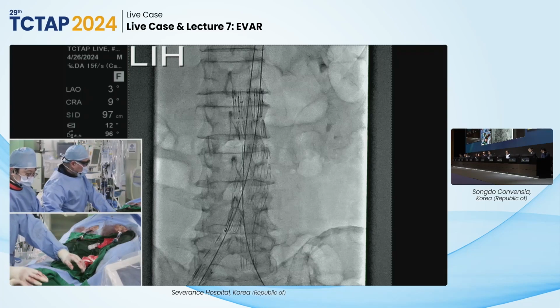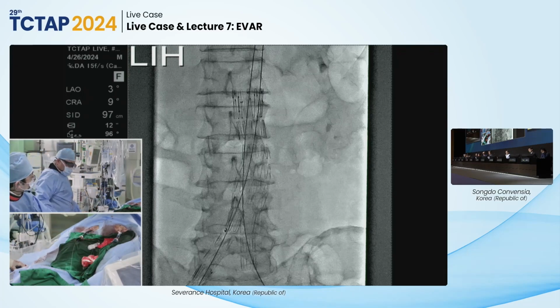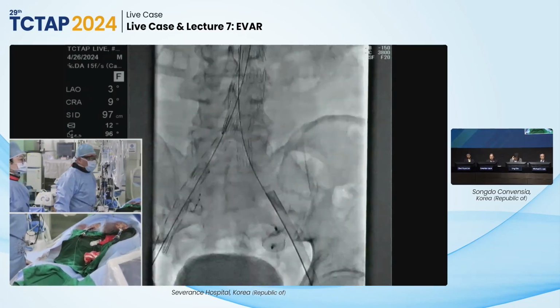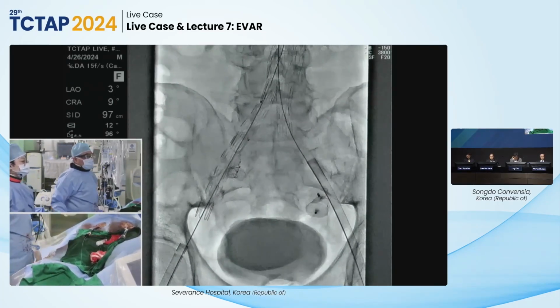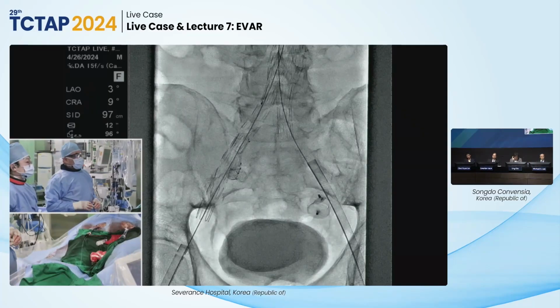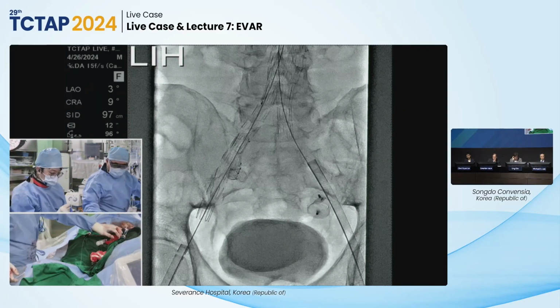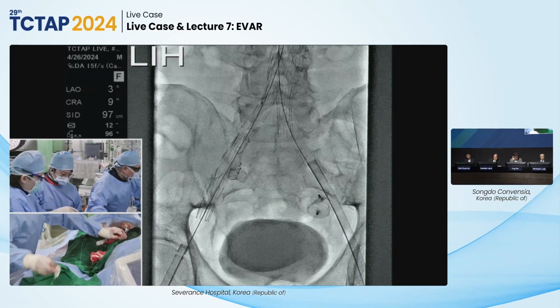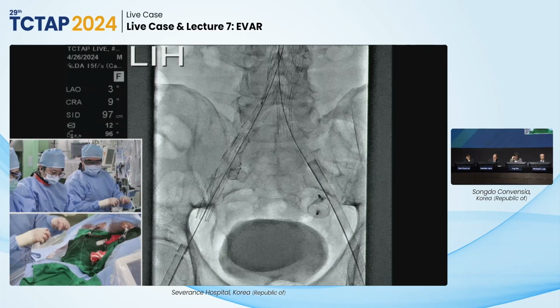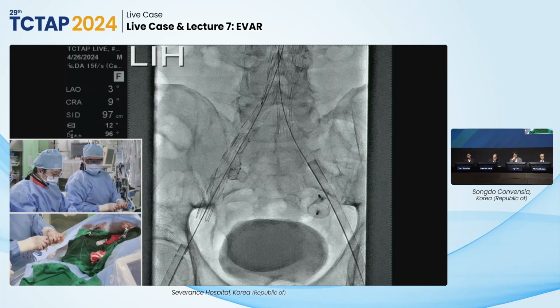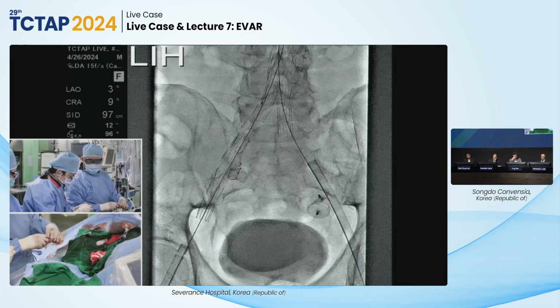So now we have to insert the stent graft for the left iliac artery, the pigtail. Pigtail? Yeah. We need to measure the length of the stent graft for the left iliac artery.